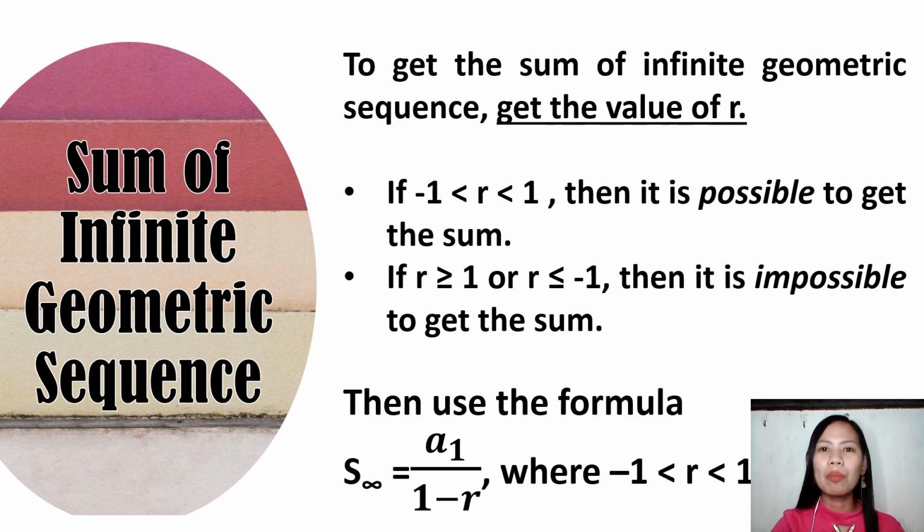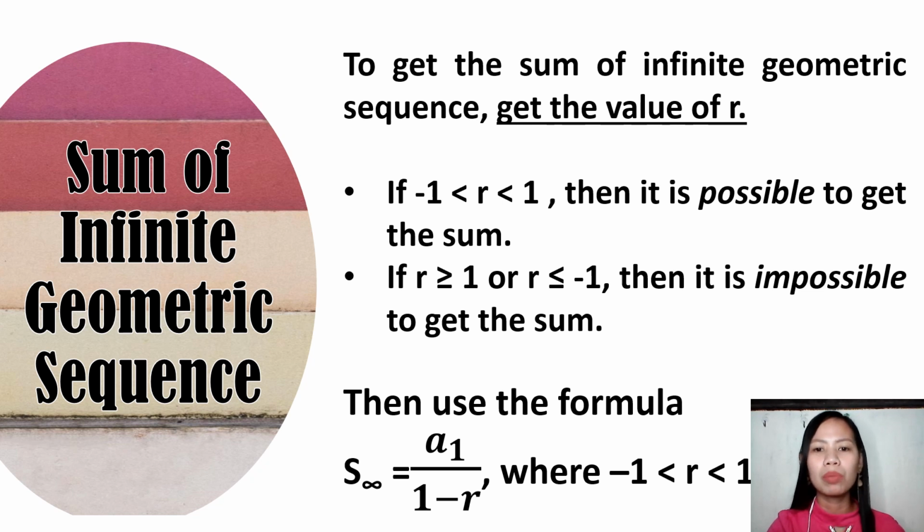So to get the sum of the infinite geometric sequence, the first thing to do is to get the value of r, or simply find the common ratio. If the common ratio or r is less than 1 and is greater than negative 1, then it is possible to get the sum. Again, r is less than 1 and is greater than negative 1.